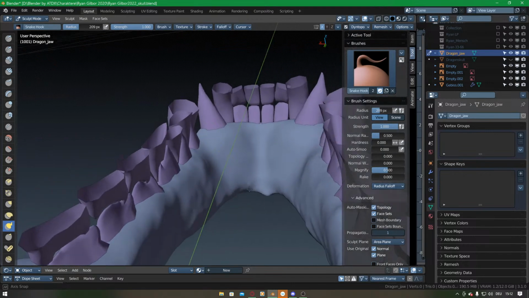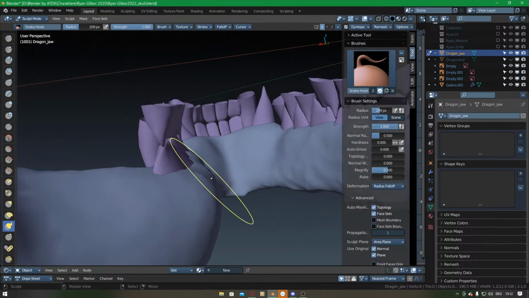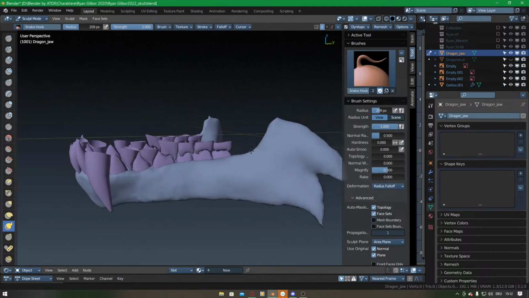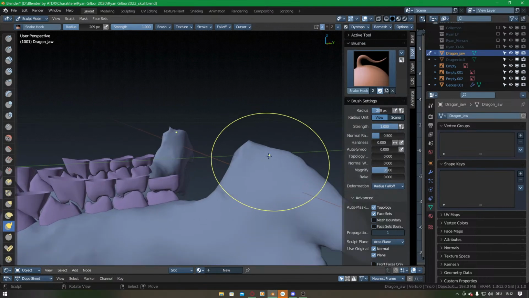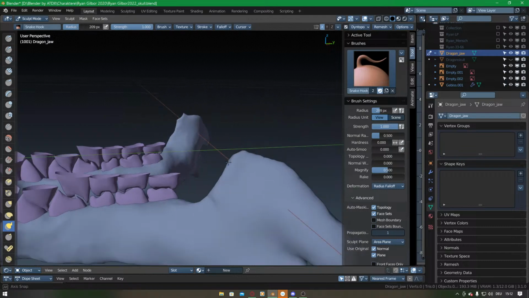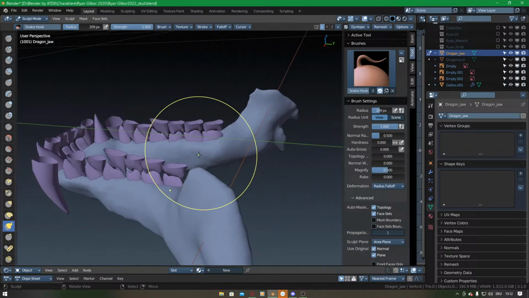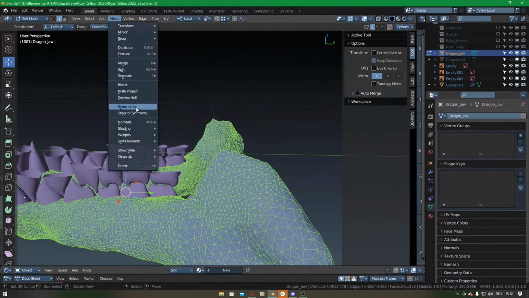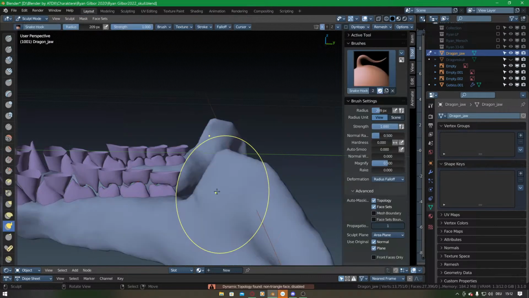Okie dokie, let's see. So it's not symmetrical. Now it's symmetrical.